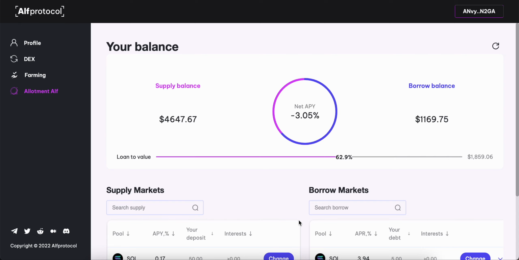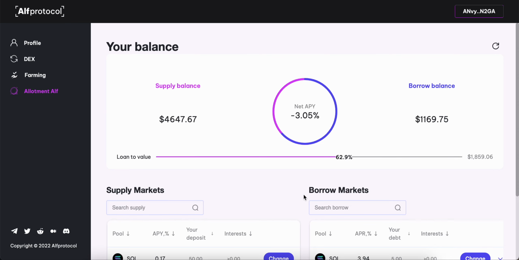You may ask why this number is changing slightly. It's because it always changes based on your earned interest and borrowed interest as well.